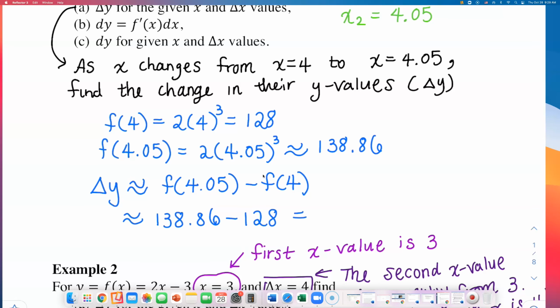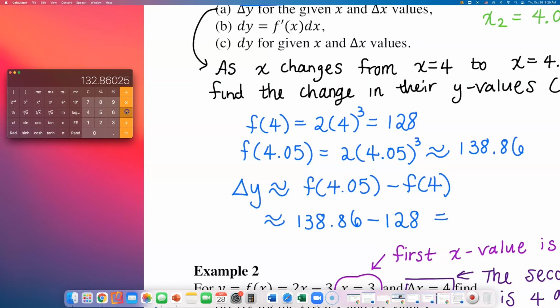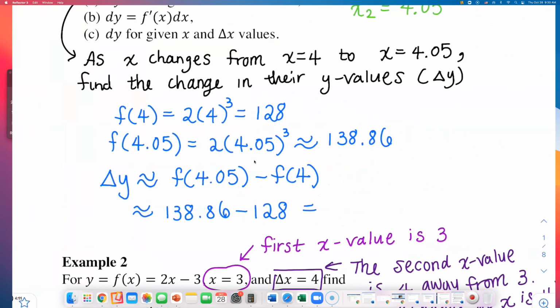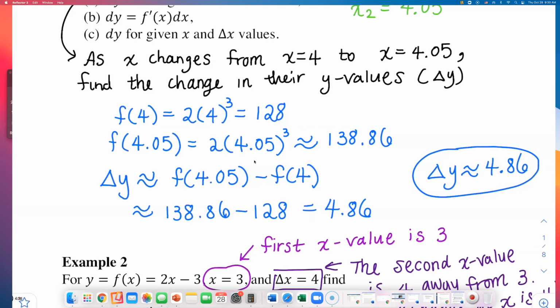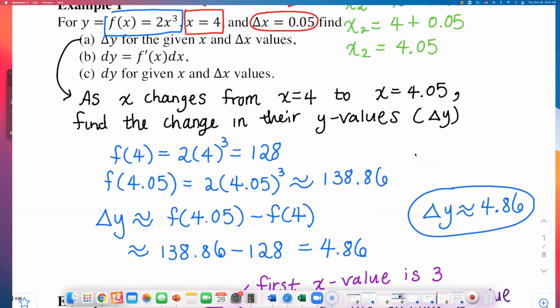And that is, let me subtract, 4.86. That's how you can find delta y. Delta y is approximately 4.86. As x goes from 4 to 4.05, y increased about 4.86. That's what part A was asking.